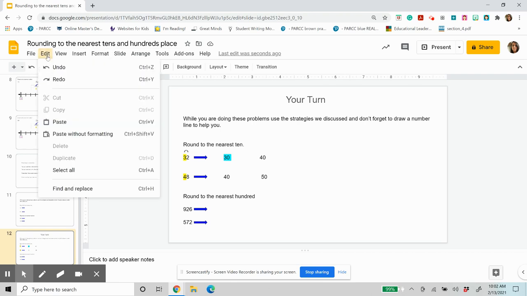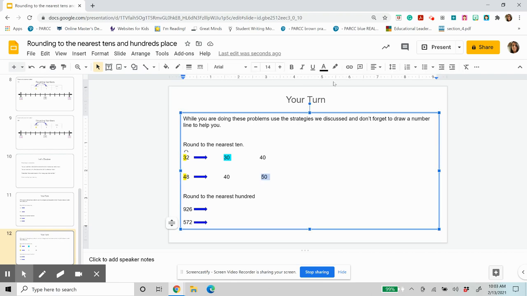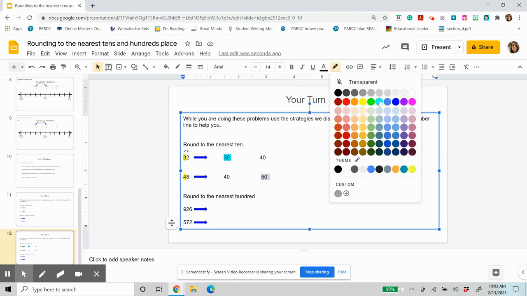I'm going to look at my deciding number. So I'm going to move my little arrow over here. Okay, so my little arrow is pointing at the 8. 8 is larger than 5, so that means I'm going to round up. So my answer would be 50.